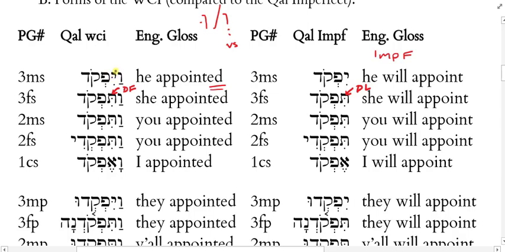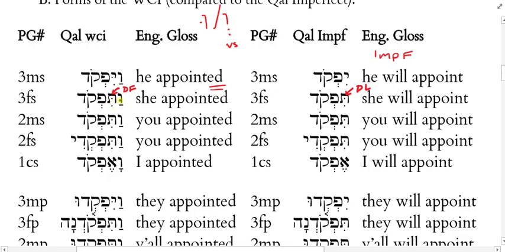So if I know the pattern by looking at the prior one, I know I should just expect a dagesh forte there. But if you didn't know that, and you were just staring at this form, let's say you were parsing it for a test or something, and you were trying to remember, was that a dagesh lene or dagesh forte? How would you know the difference? Begadkefat letters could take either one.